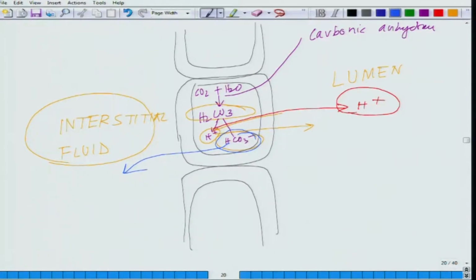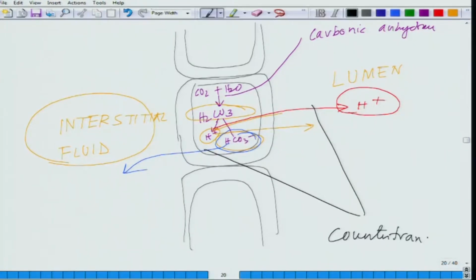There is a counter transport mechanism. This is a classic case of counter transport between these two.